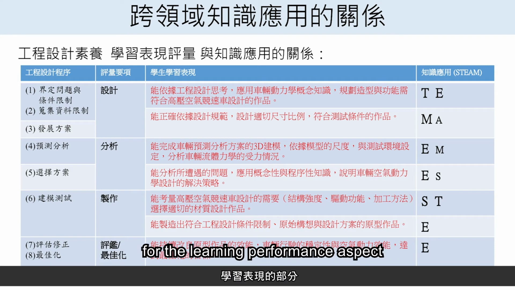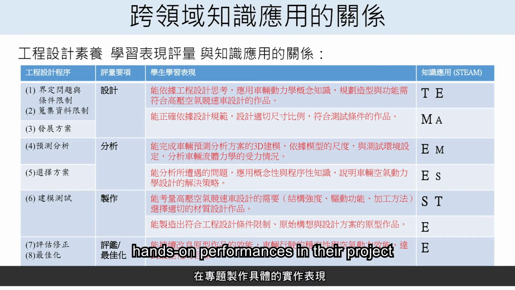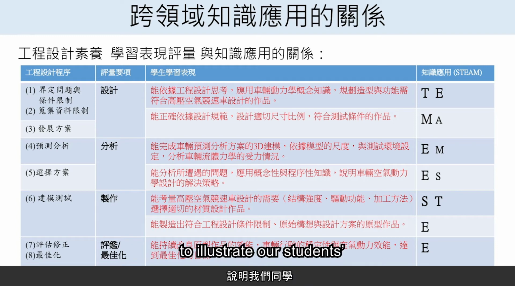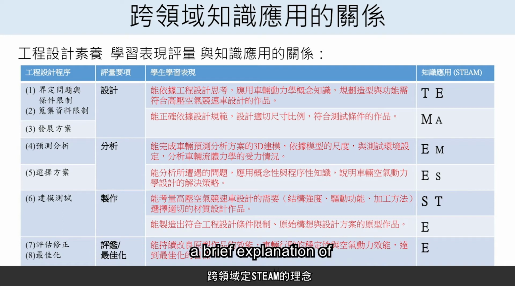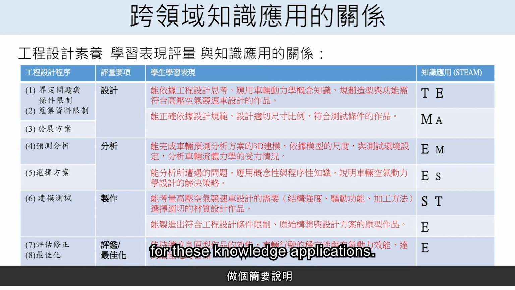For the learning performance aspect, we evaluate students' hands-on performance in their project. To illustrate our students' knowledge application, the STEAM concept for interdisciplinary curriculum, a brief explanation of science, S, technology, T, engineering, E, art, A, and math, M. We shall give explanation for these knowledge applications.